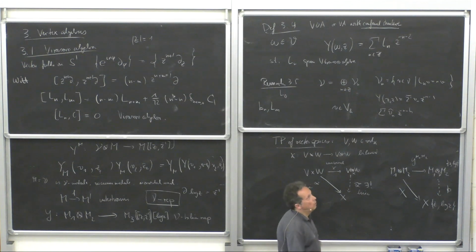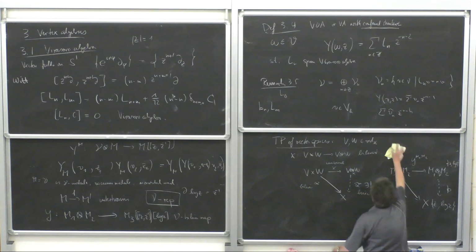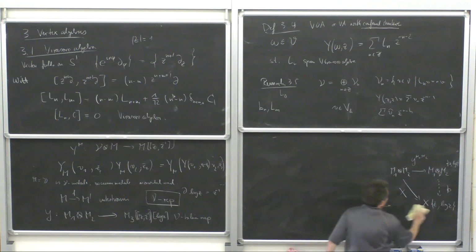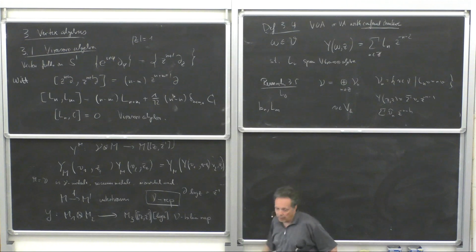If you're seeing this for the first time, then the very short summary is, I'm going to show you that the category of representations over a vertex algebra behaves pretty much like the category of finite dimensional representations of a finite group. And I will tell you at what point I've cheated here. Okay? So let me write down these definitions, and these will be the input data for our skein theoretic construction later.